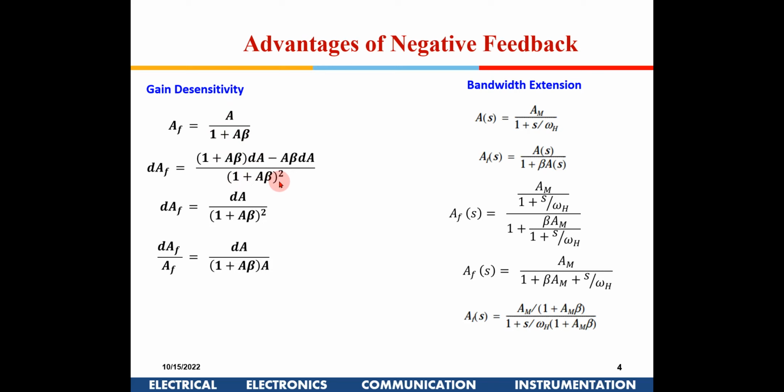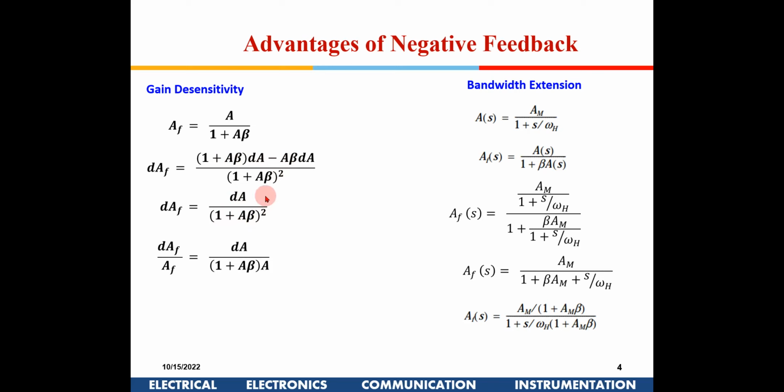In the denominator I have the square, the same denominator out here. Differentiating the numerator, I get dA, minus A times the derivative of the denominator, which gives beta into dA. So plus A beta minus A beta get cancelled, and I have just dA over (1 plus A beta) squared.